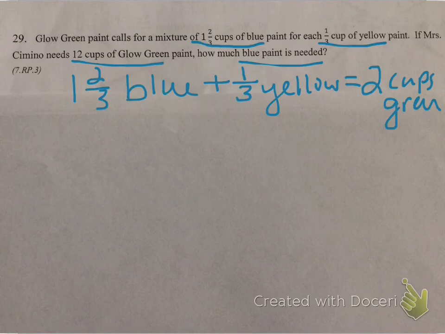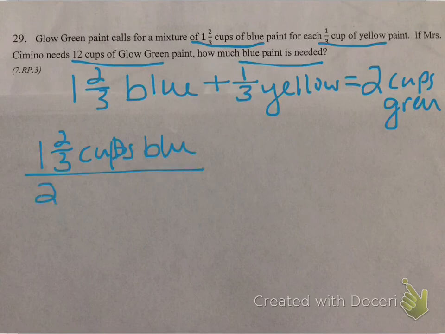So you could set this up as a proportion, and what we're looking for is the amount of blue. So we have 1 2/3 cups of blue over 2 cups of green. It's the total.